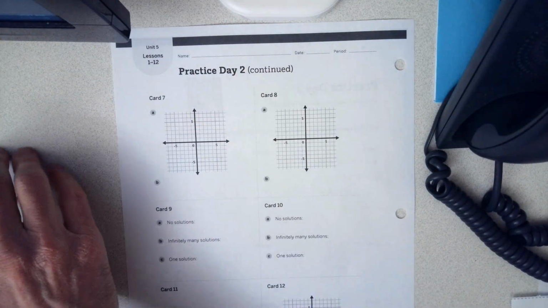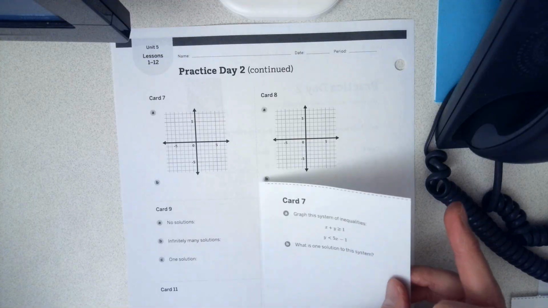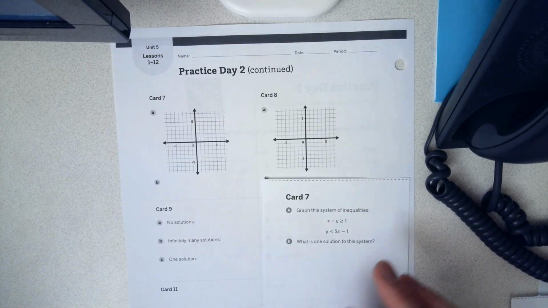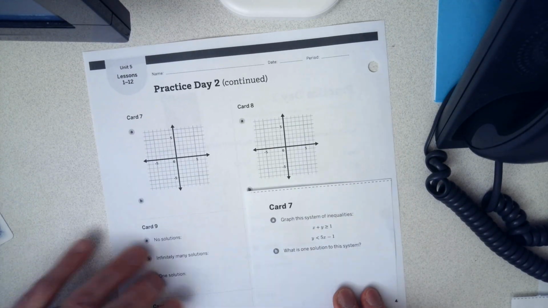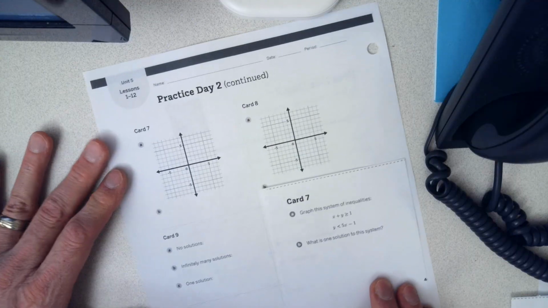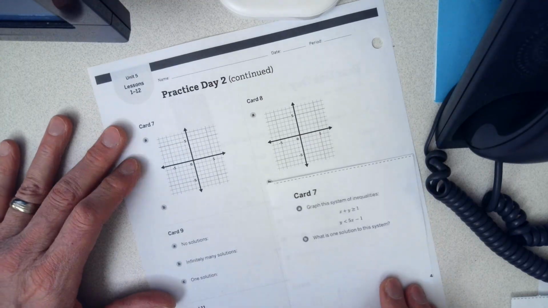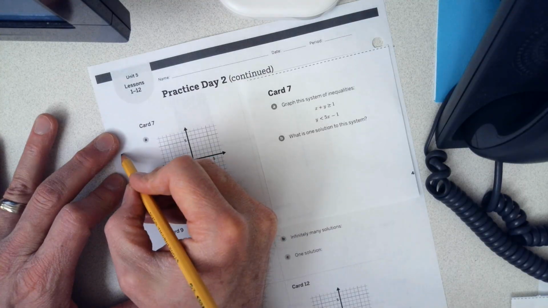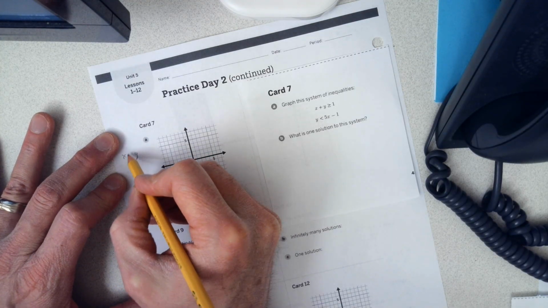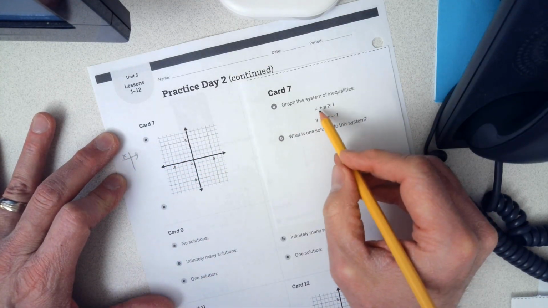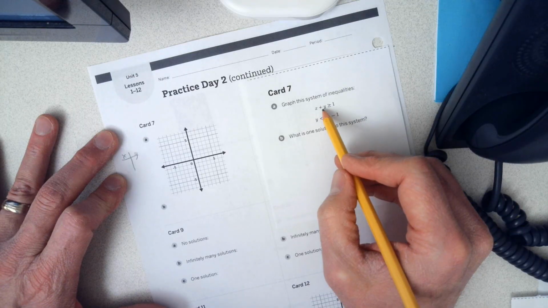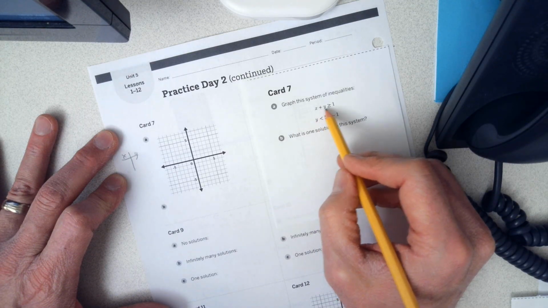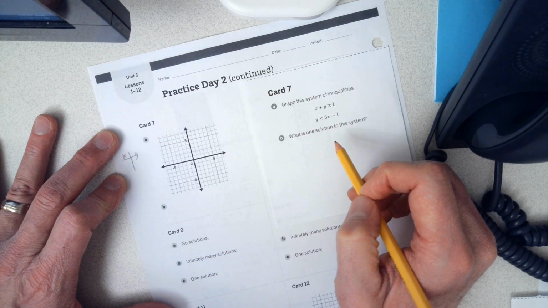Okay, flip her over, card 7. Graph this system of inequalities. So if I want to graph x plus y is greater than or equal to 1, I could make a table of values. I'm basically asking myself, if I want to know where the boundary line is, can I come up with two numbers that add up to 1?